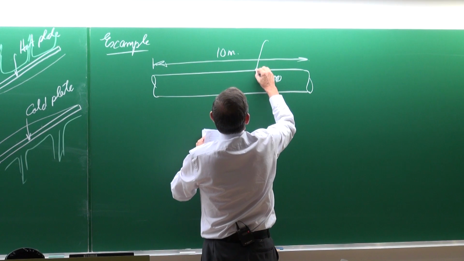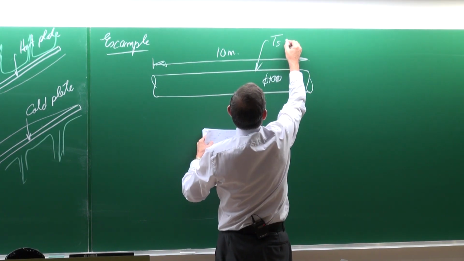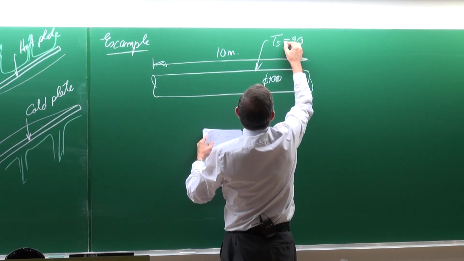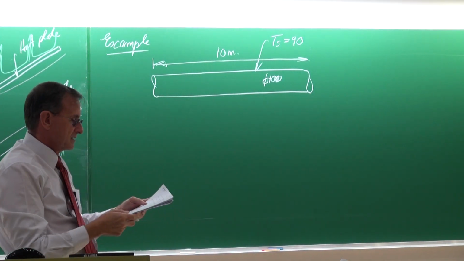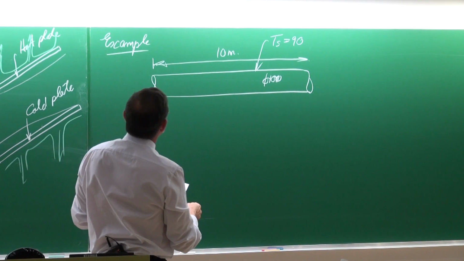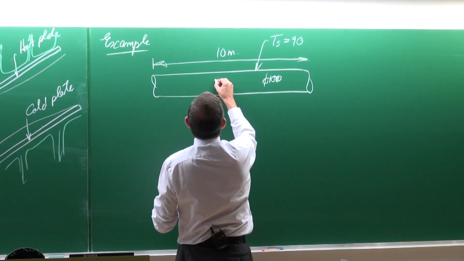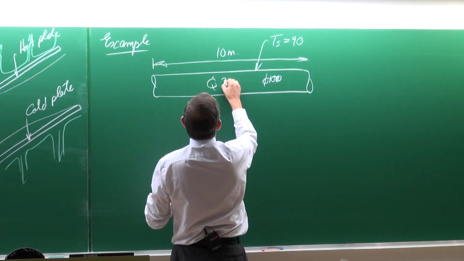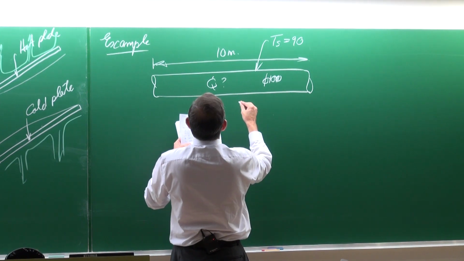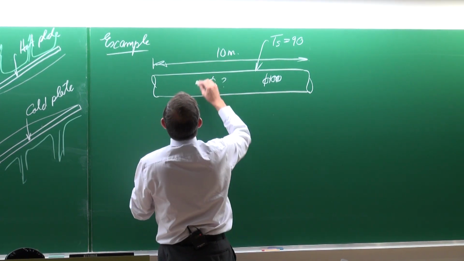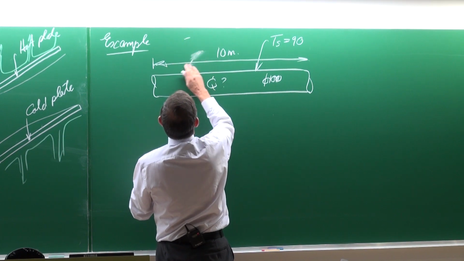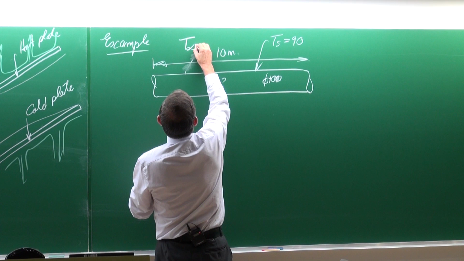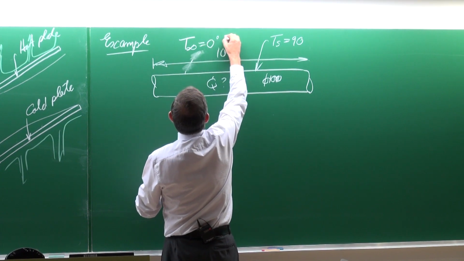Its surface temperature is 90 degrees Celsius. And then the question is: determine the heat transfer rate on a cold morning, when the outside temperature, T environment, is equal to 0 degrees Celsius.